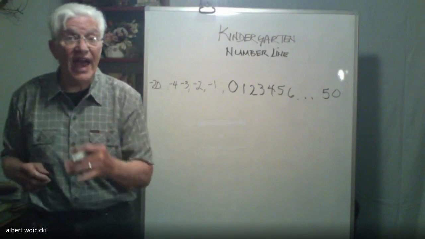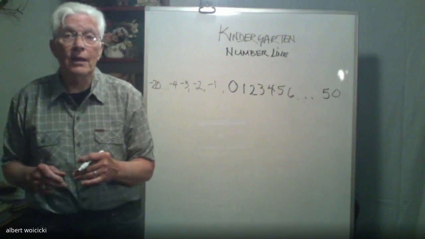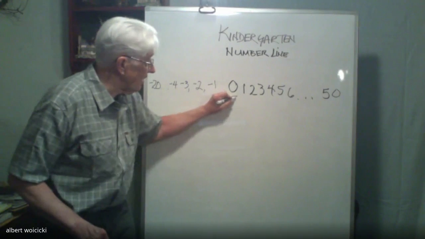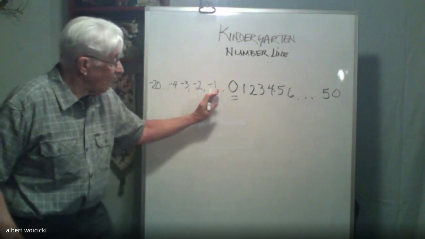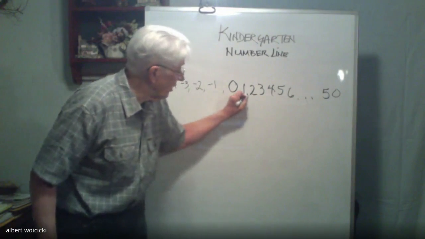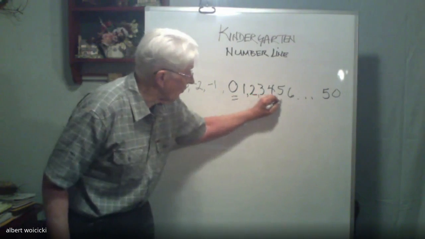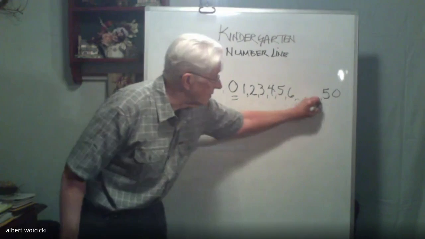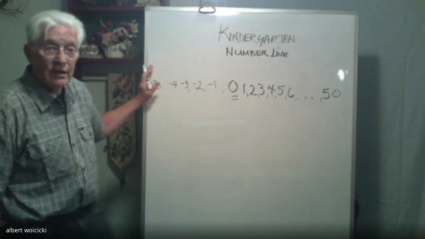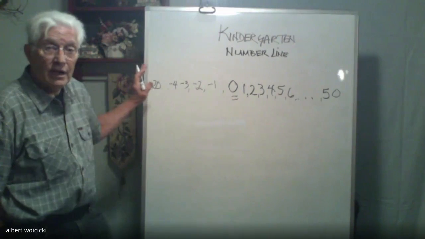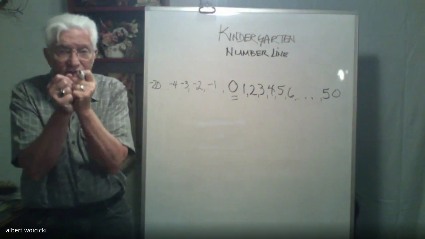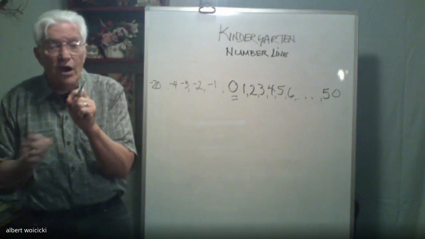But someone's going to ask you about them, and you just might say, well, look, here's 0 in the center, and everything on this side that we always talk about, 1, 2, 3, 4, 5, etc., is reflected on this side. Exactly the same. 0 is right there in the center between all the positives and all the negatives.